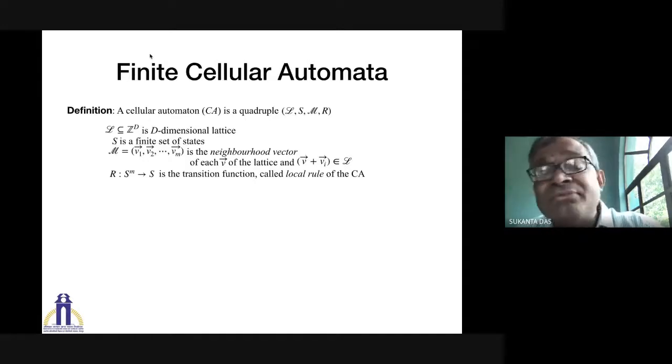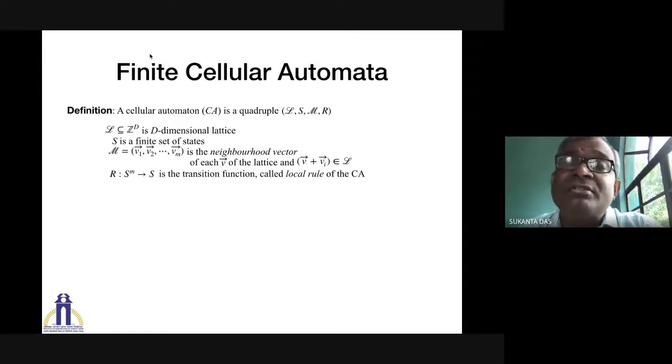In the classical definition, we don't write L, rather we write Z to the power d directly. Here, instead of Z to the power d, I have written L. Obviously, L is a subset of Z to the power d, and L is a d-dimensional lattice.